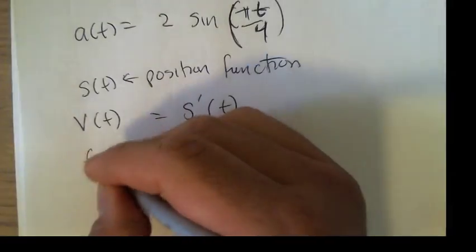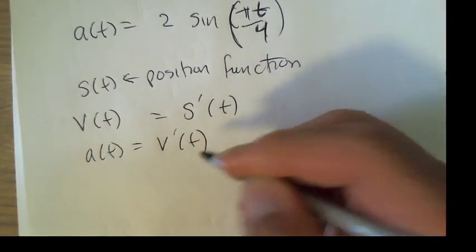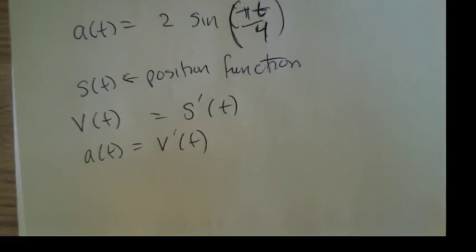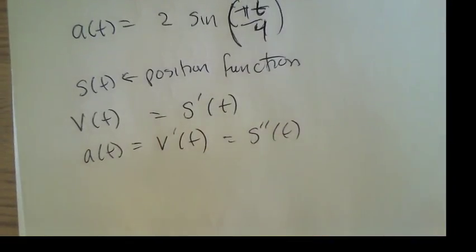Then we were able to find the acceleration by taking the derivative of the velocity function, or s double prime of t.